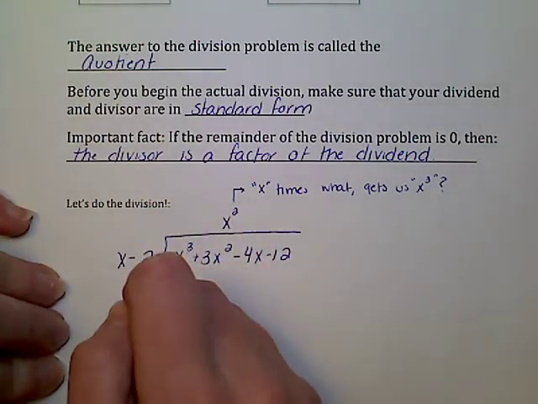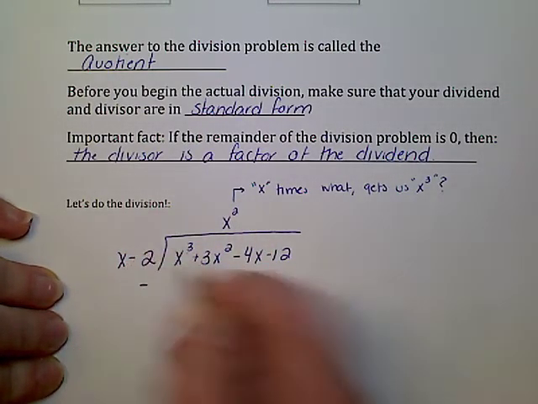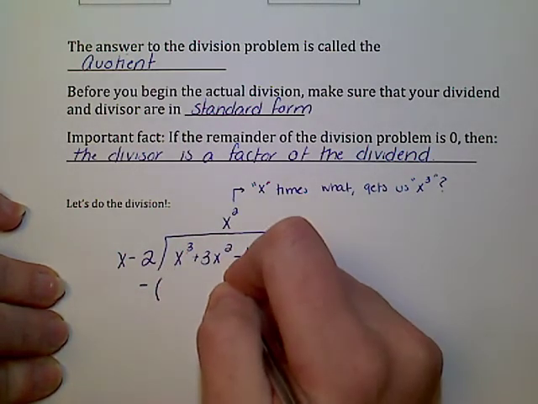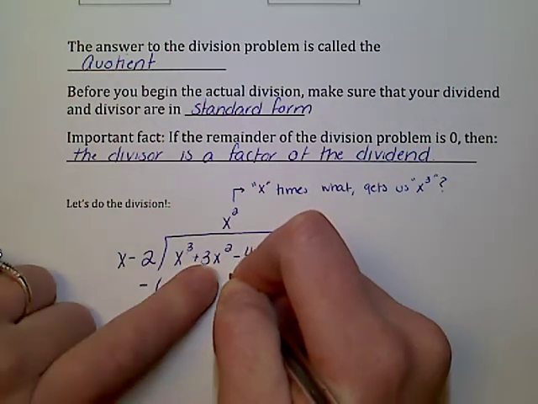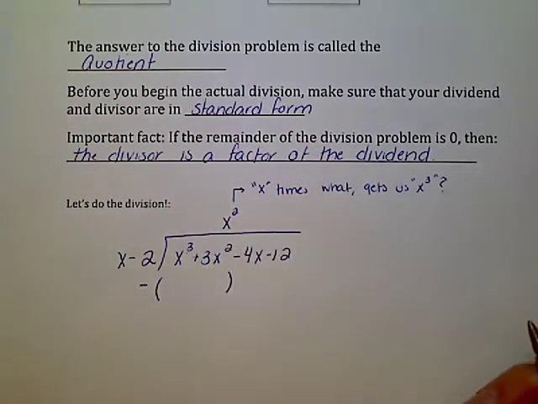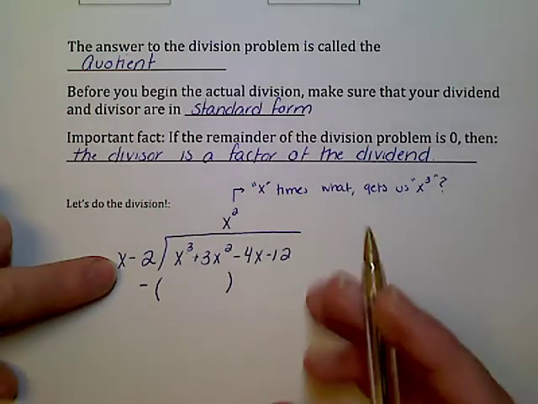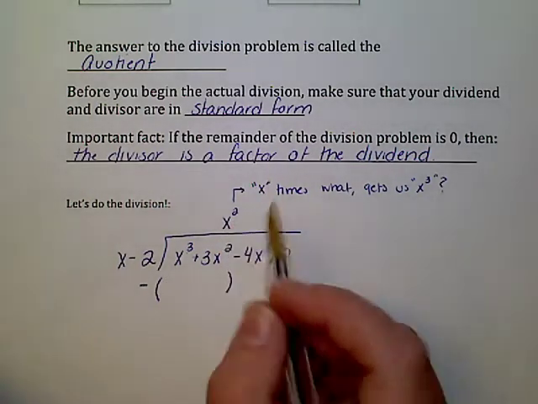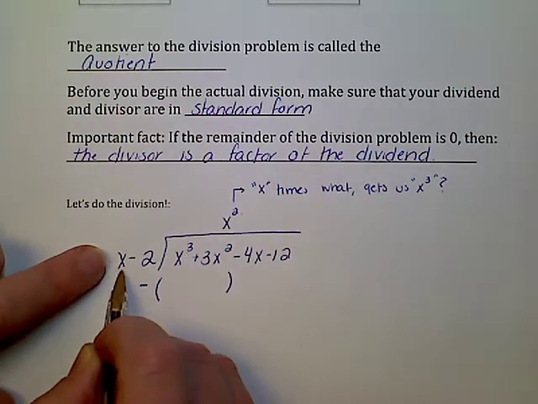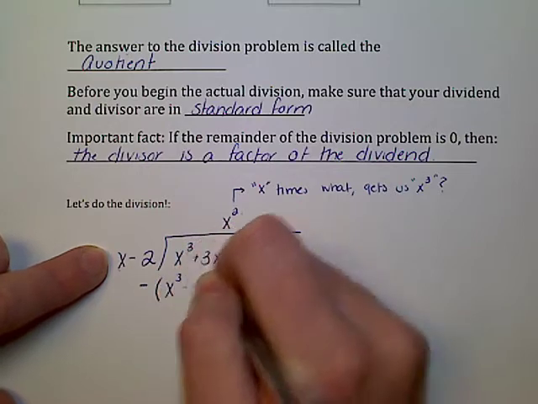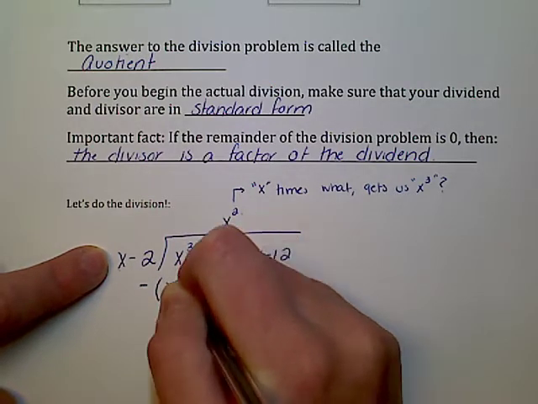Now we have to get ready for some subtraction. So I usually put a subtraction sign here, and I do a set of parentheses, and I have the last parenthesis go to this x squared term, because that's where we had just put part of our quotient. What I do is I take this x squared and I multiply it by x minus 2, and I would get x cubed minus 2x squared.